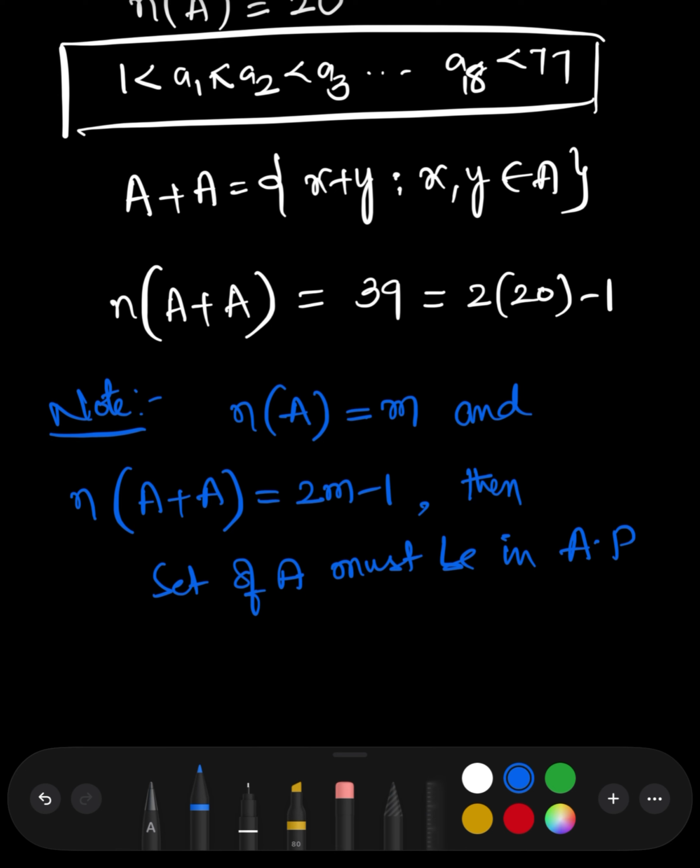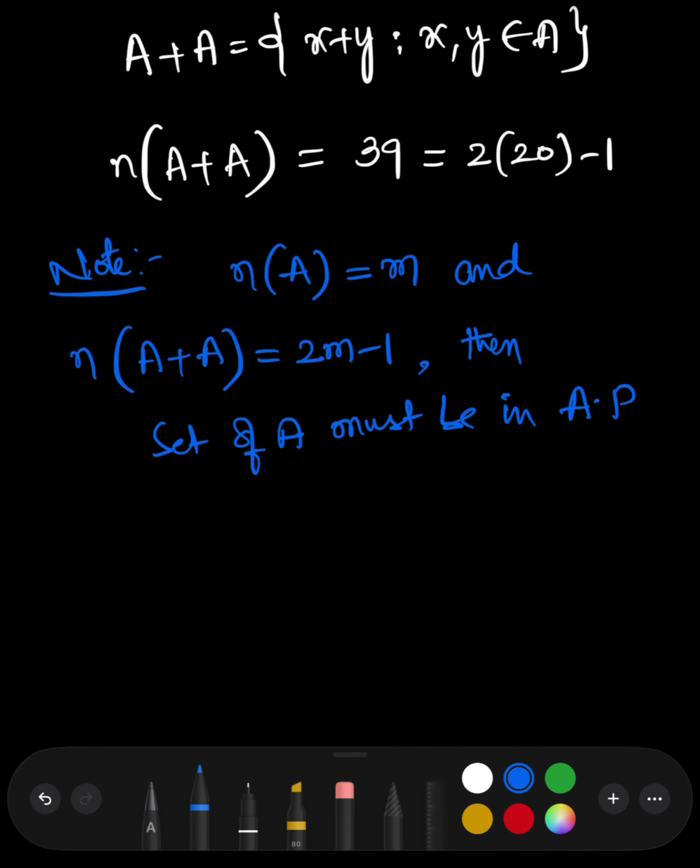So the very important content of this question is that n(A) equals m, the number of elements of A is m, and the number of elements of A + A is 2m minus 1. Then it is very clear that the elements present in A must be in AP.